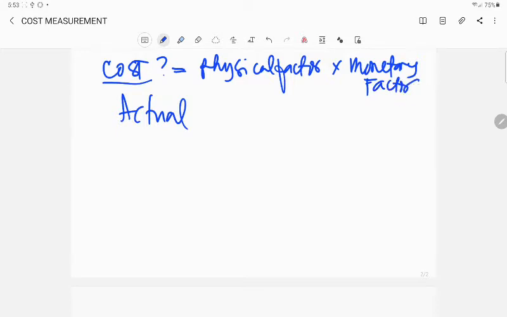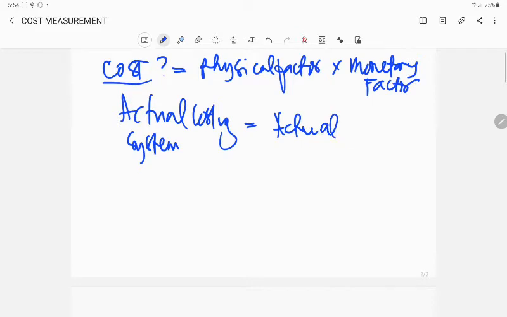Ito muna ang gagamitin natin para hindi kayo malito. In the actual costing system, your physical factor will be actual, your monetary factor will be actual.